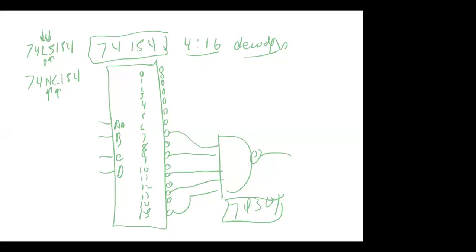I'm just going to list them out here: 1, 3, 5, 7, 9, 11, 13, and 15. Those are the terms that are being wired.